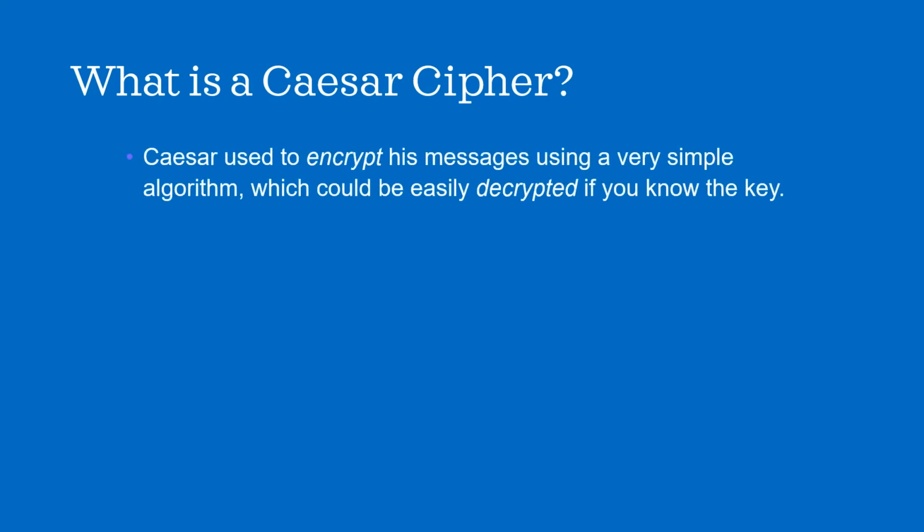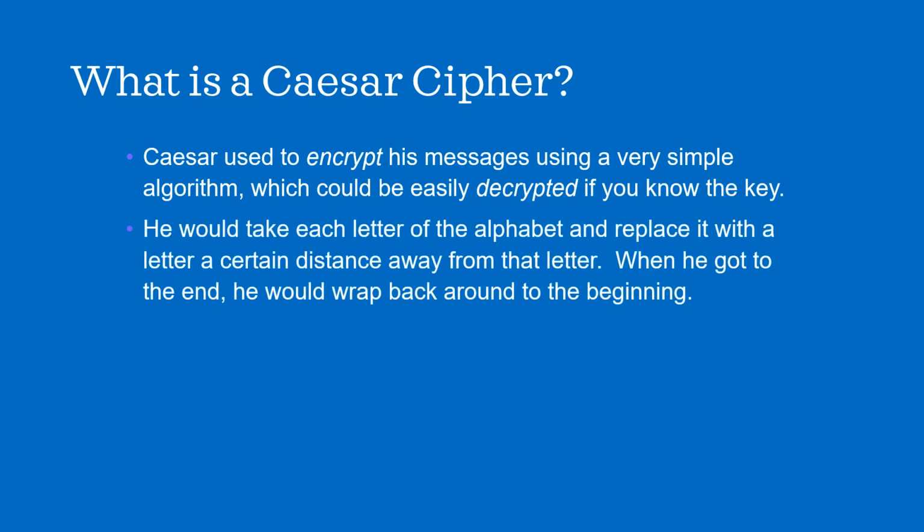Caesar used to encrypt his message using a very simple algorithm which could be easily decrypted if you know the key. That is, he will take each letter of the alphabet and replace it with a letter a certain distance away from that letter. When he got to the end, he will wrap back around to the beginning.